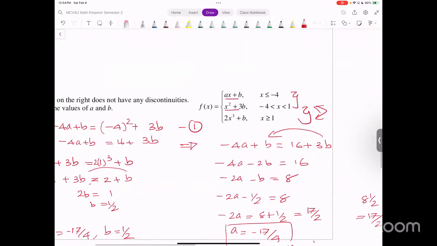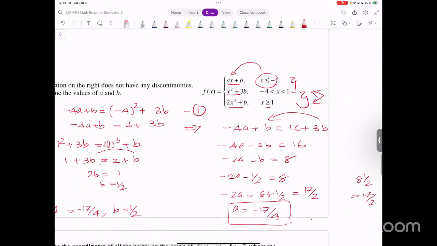Sir, the second one? At -4 the function is defined. At 1 the function is defined. So where do you find a discontinuity? No, in between -4 and 1. At -4, we can evaluate the function using this, isn't it? At 1, I can evaluate that function using this. Oh, okay, I get it.